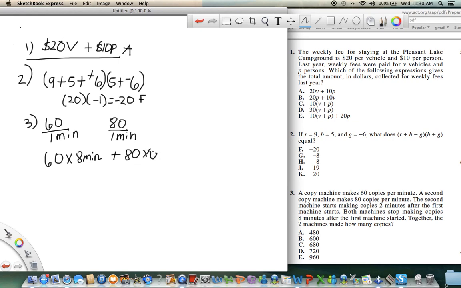And so our answer is going to be the sum of both of these. 60 times 8 is 480, plus 80 times 6 is also 480. And 480 plus 480, or 480 times 2, is 960. Your answer for question number 3 should be E.